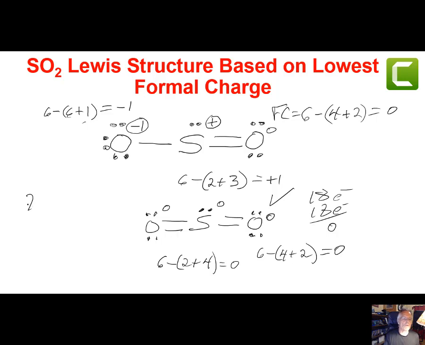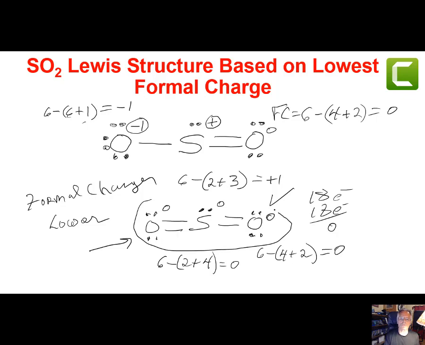And remember, with formal charge, you're trying to get as close to 0 as possible on all your atoms, and if it's a molecule, it actually has to add up to 0. It adds up to 0 here, but because we've reduced the positive formal charge to 0 and we've increased the negative formal charge to 0 over here on this oxygen, our formal charges are lower for this structure, and so this structure is the more reasonable structure based on formal charge for sulfur dioxide.